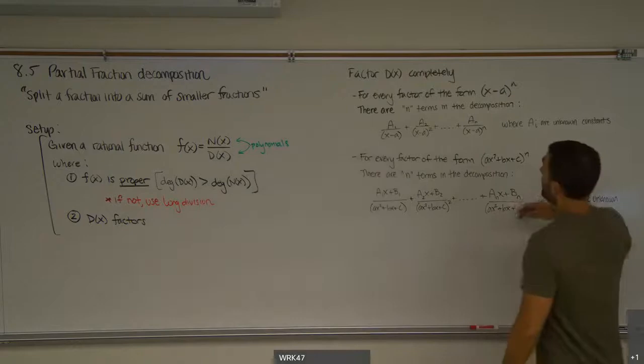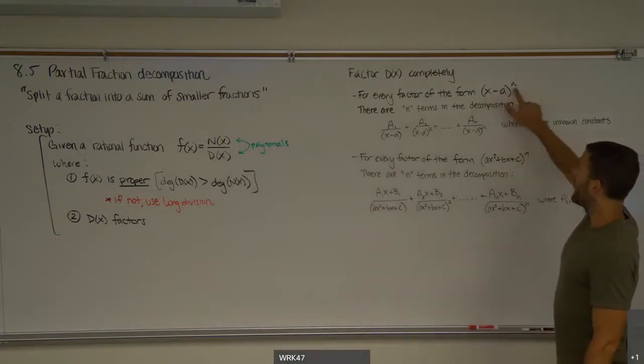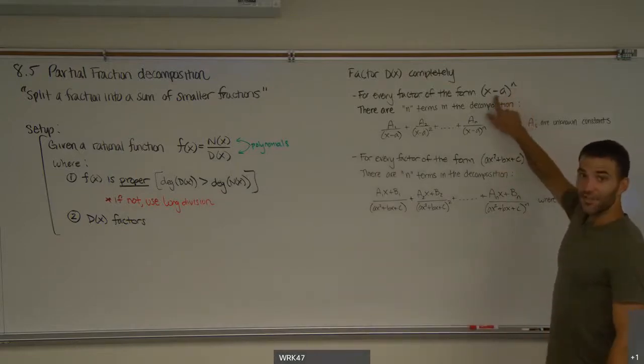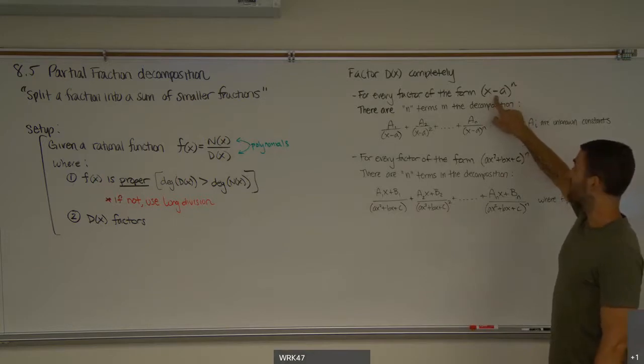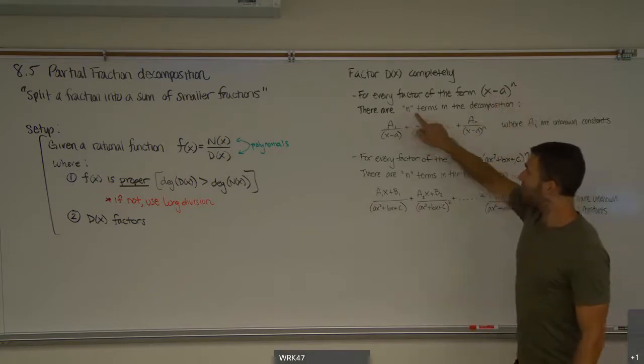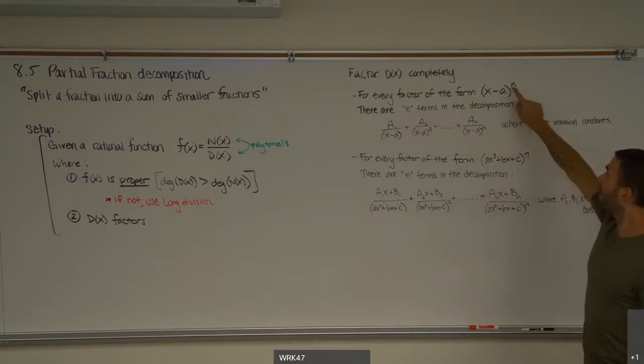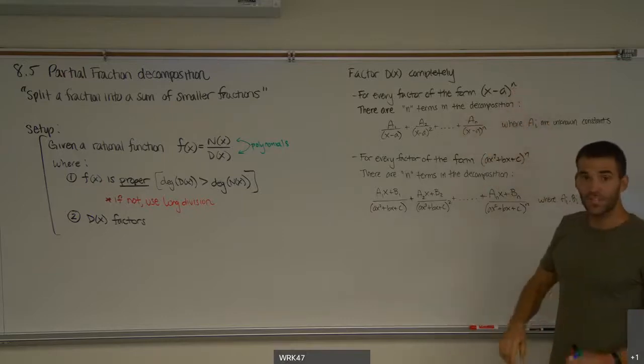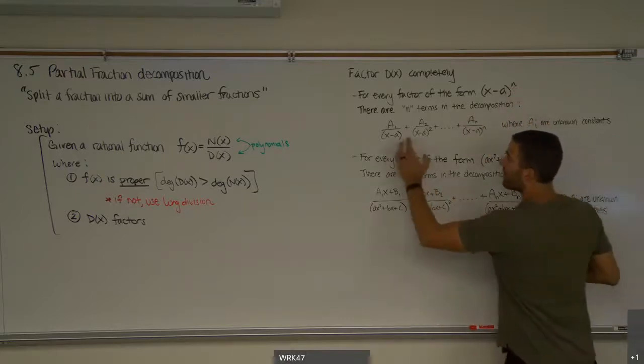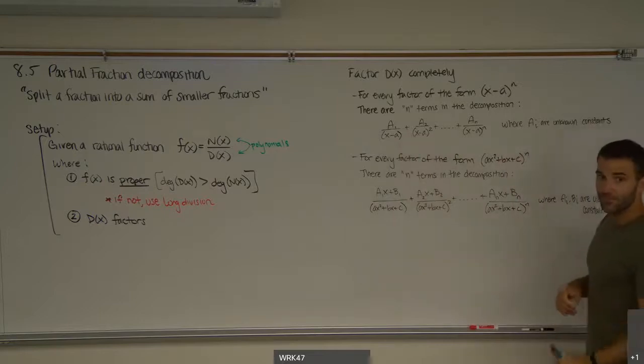And so for every factor of the form x minus a to the n, say you have n of these linear factors in that factorization, then you will get n terms in the decomposition when you split up the fraction into pieces. You get one term for every power of that factor.